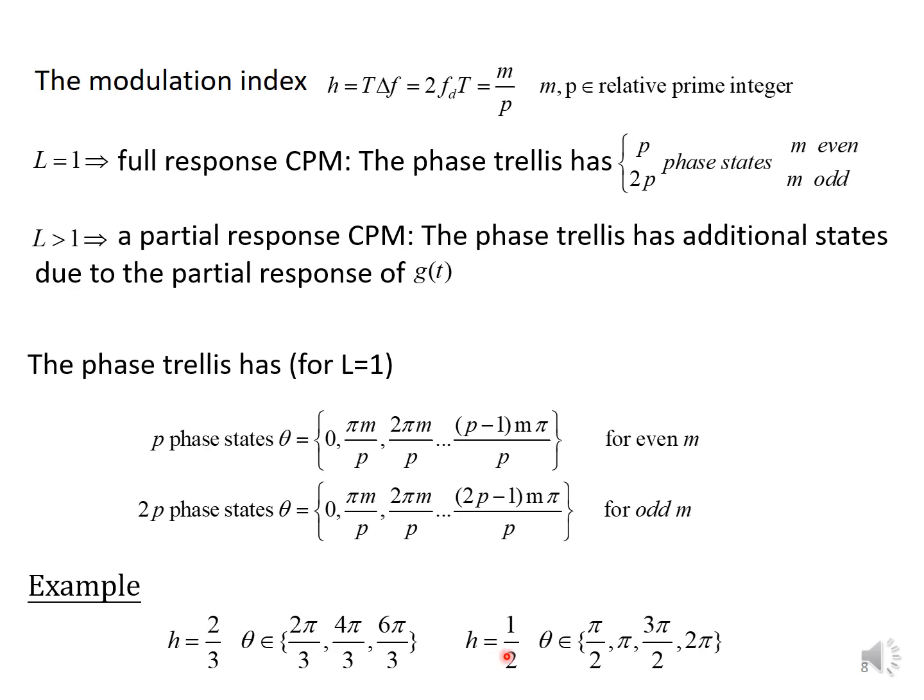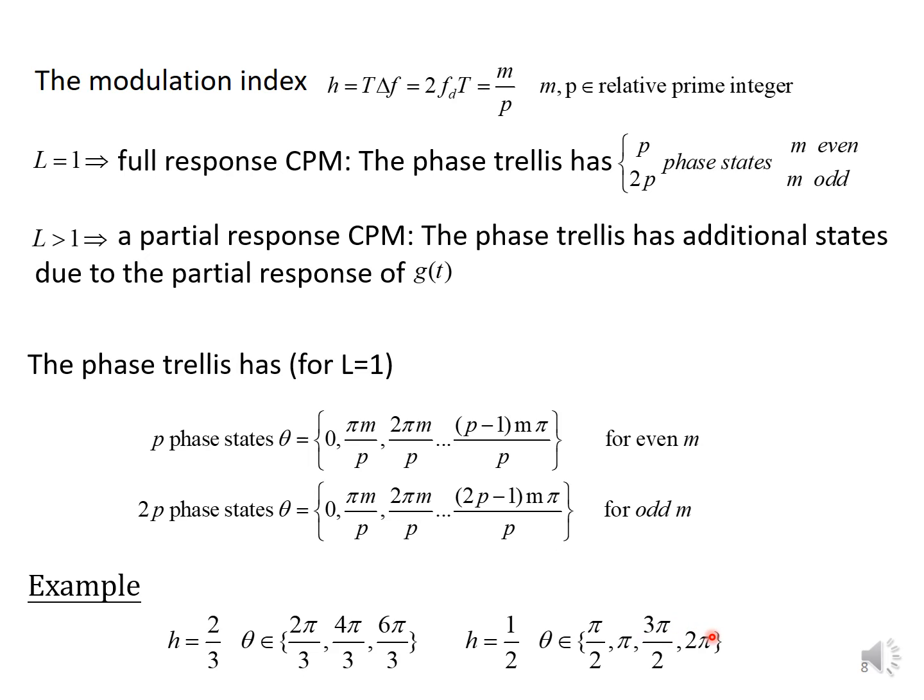For another example, if h equals 1/2, how many possible phase states could we have? The phase change is pi h i_n, so the possible phase changes will be pi over 2 and pi, in increments of half a pi.